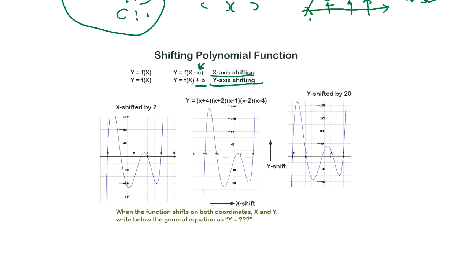So x shifted by 2, the function looks like it's moving toward this way, right? And y shifted, all the functions go up this way by 20. Okay, so this is like watching animation. The curve moves on the screen. Yeah. Okay, so we can shift.